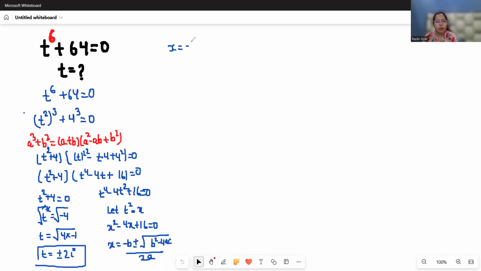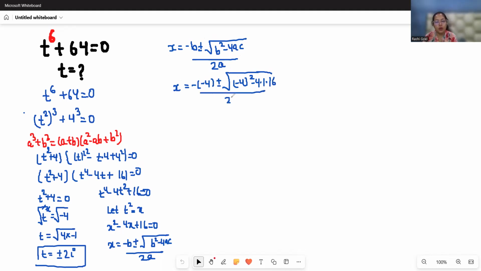So x = (-(-4) ± √((-4)^2 - 4 times 1 times 16)) / (2 times 1). So x = (4 ± √(16 - 64)) / 2.